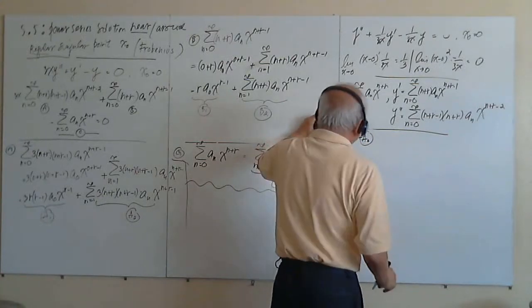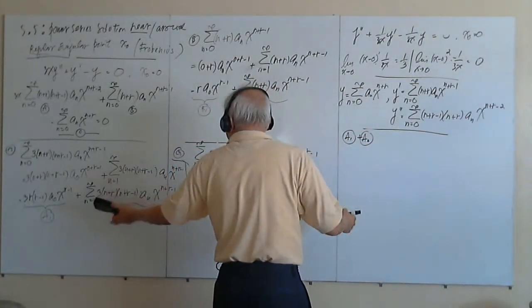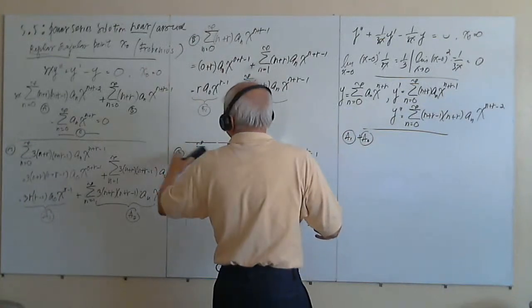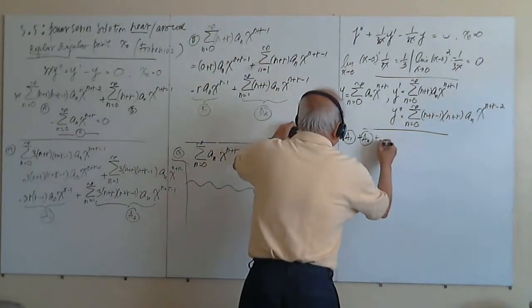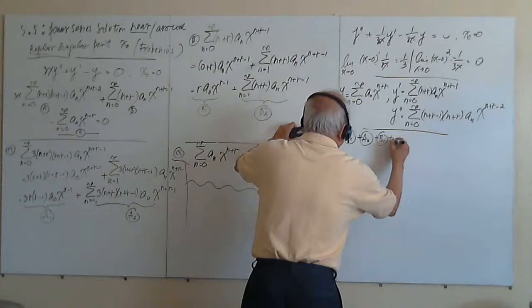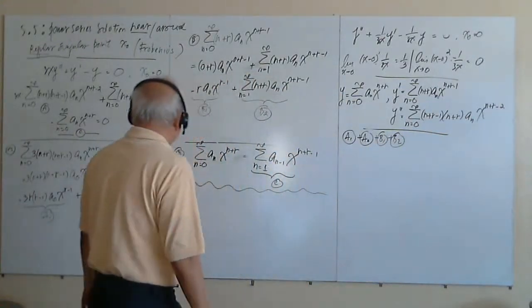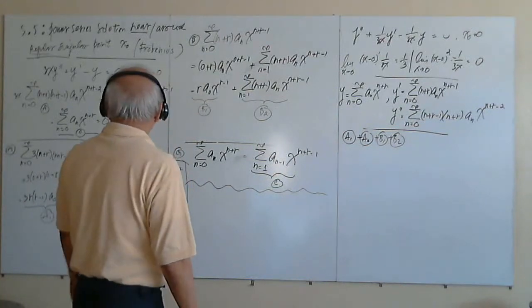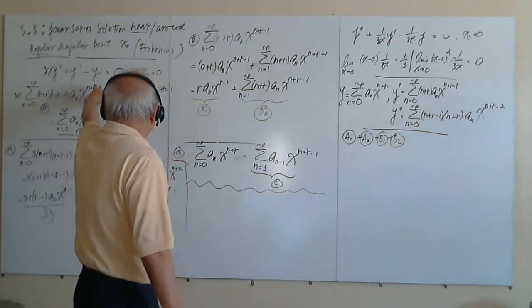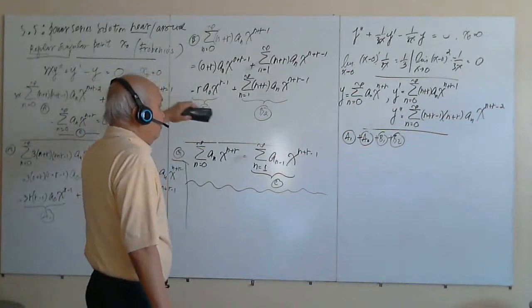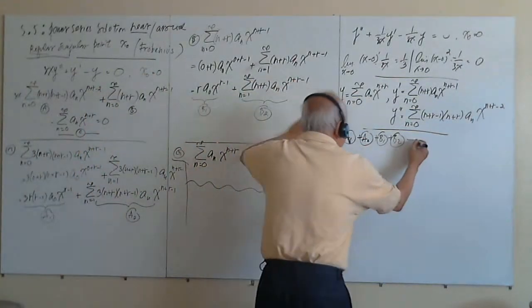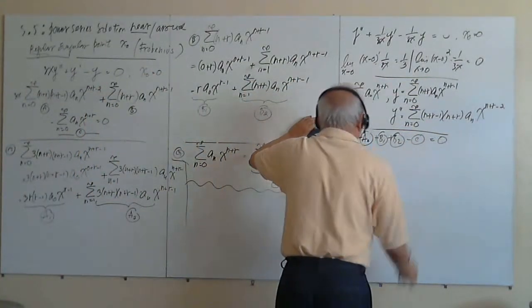Am I correct? Yes. Because I broke down A here into A1, A2, right? And then plus B1 plus B2. Am I correct? Yes or no? And then here, the C has to be subtracted, right? Do not forget. So it can be minus C equal to 0, right?